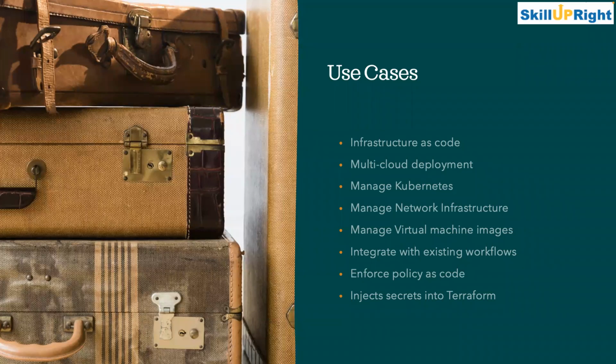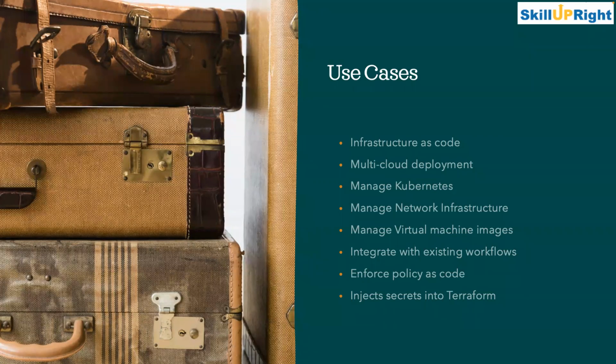Let's say when you start your operating system, if you want certain software installed by default, you can do that through Packer. So you can manage your virtual machine images by using Terraform and Packer. Then integrate with existing workflows, as I mentioned in CI/CD, like Jenkins, GitLab, Bamboo, and so on. You can do it.